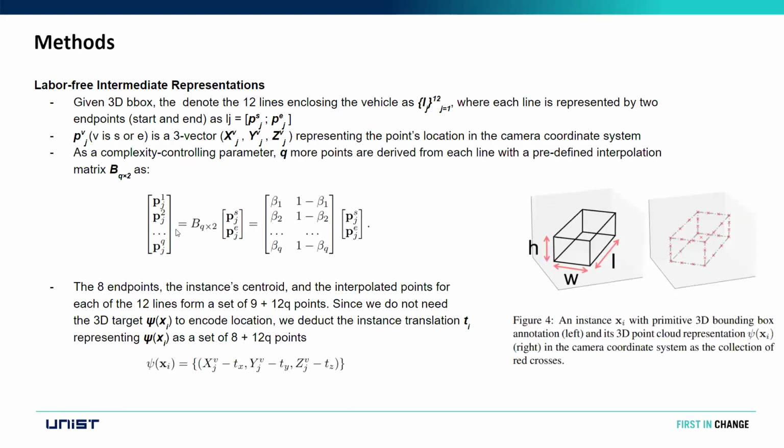With this in mind, for a given 3D bounding box for each instance, they define their IGRs as this cube with interpolated points around the edges. So how do they get the edges? Each given 3D bounding box has 12 lines, and each line is denoted with a starting point and an ending point.